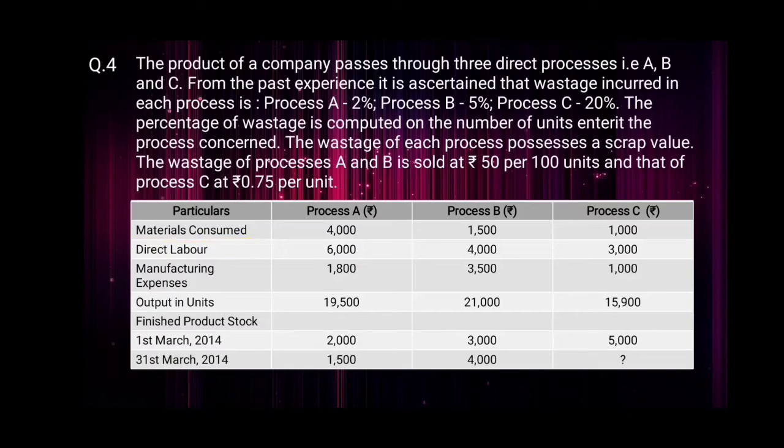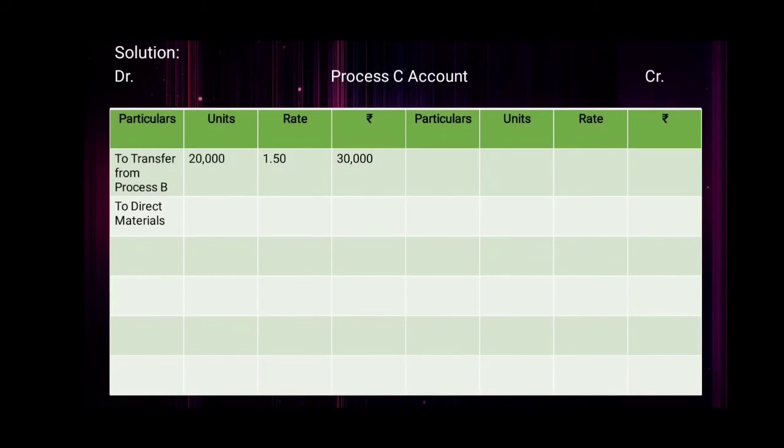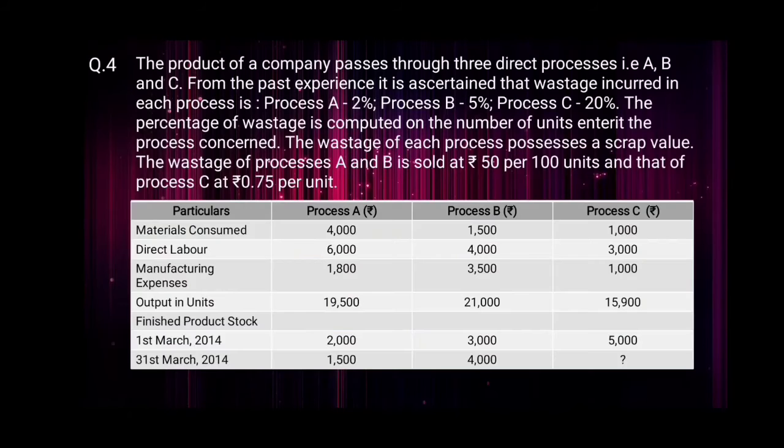Material consumed for process C account is given as 1,000. To direct material, amount is 1,000. Next, direct labor. For process C account, it is given as 3,000.